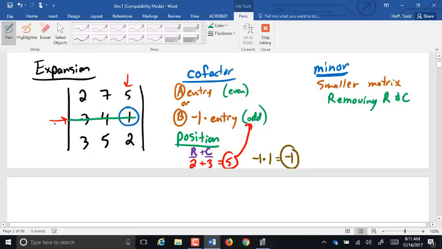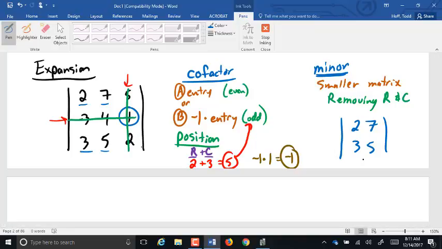Well, the 1 is in row 2, it's in column 3. So I remove row 2 and column 3. And I get a matrix 2, 7, 3, 5. That is the minor. We will talk more about cofactors and minors tomorrow.